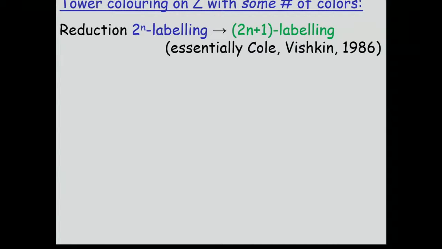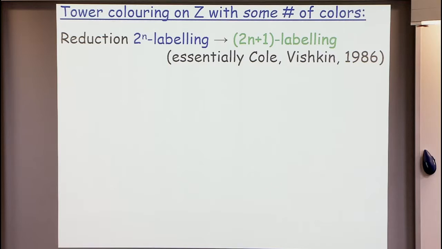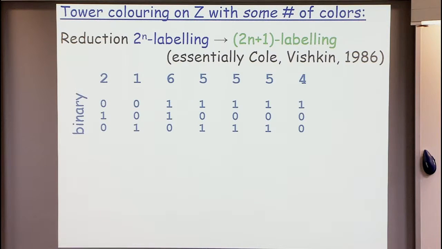So what's the idea? I'm going to show you a reduction, and this is going to be on Z for the time being, just on the line. I'm going to show you a reduction from labeling, which just means a colouring, except it need not be a proper colouring. A labeling with 2 to the n colours to far fewer.